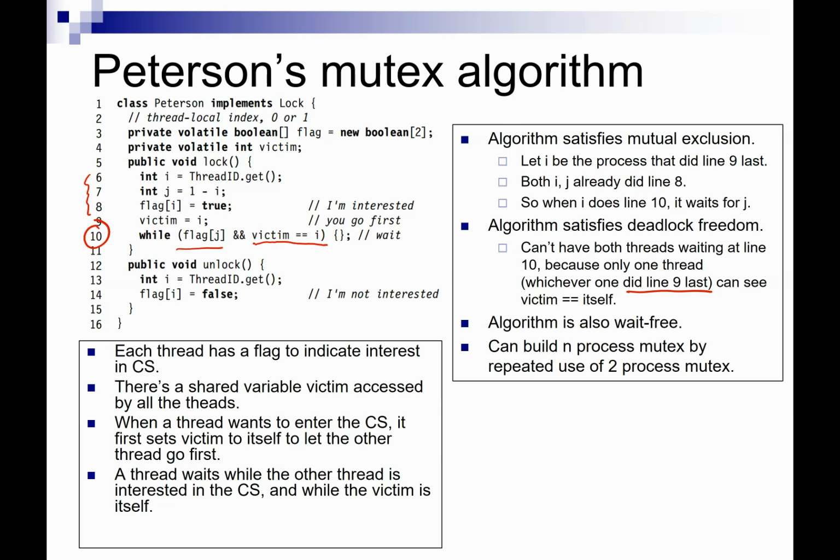So that's why this algorithm is deadlock free, and it is also wait free actually. Even though this only works for 2 processes, you can connect many copies of this algorithm together in order to get an M process mutual exclusion algorithm.